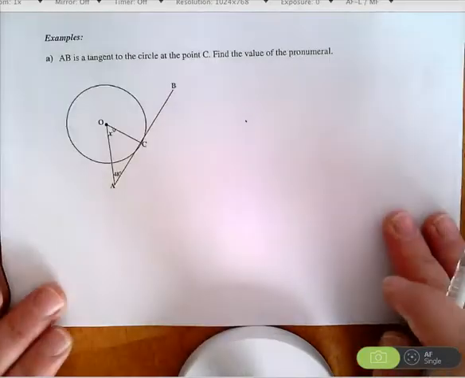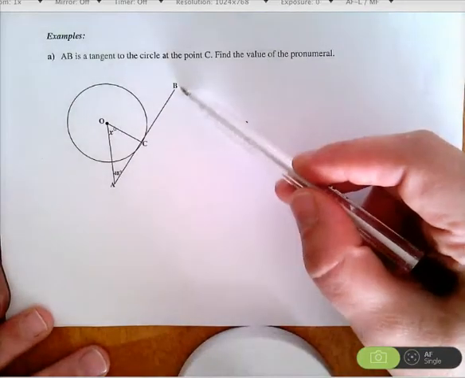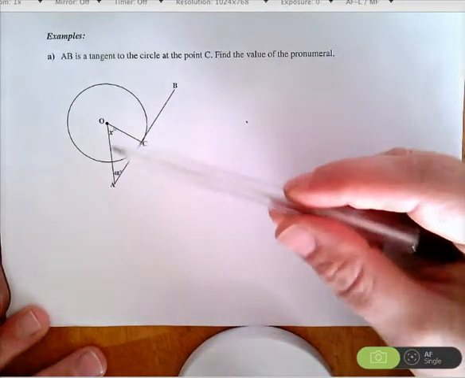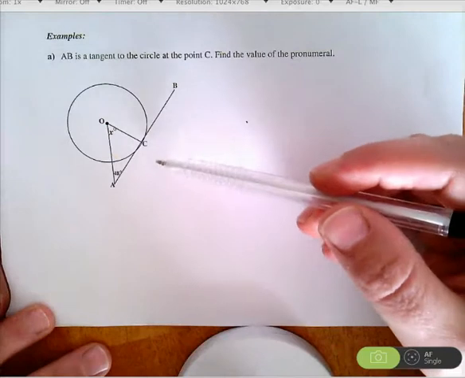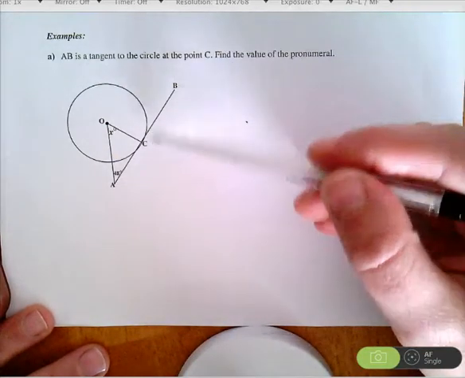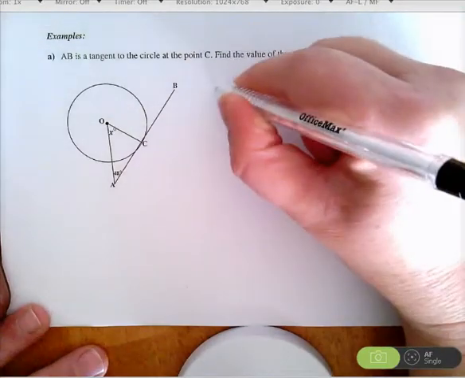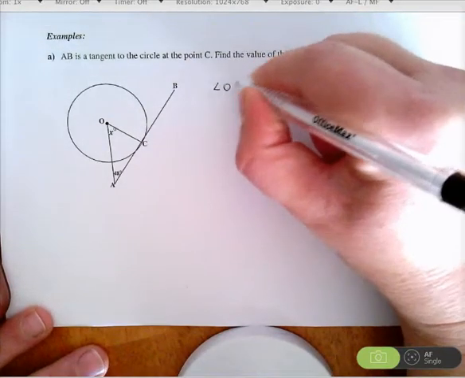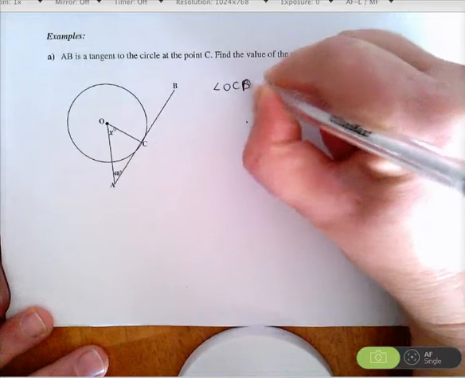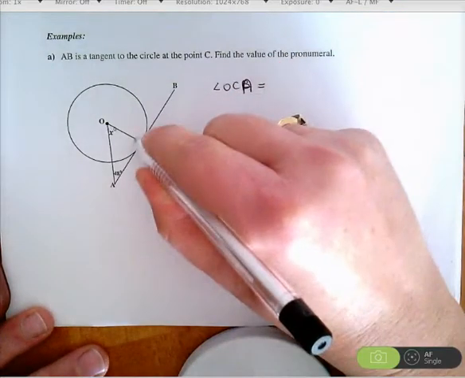Okay, just for some examples for theorem 14, we know that AB is a tangent to the circle at point C. Now this is from your booklet, page 22. So it's example A. So AB is a tangent to the circle at point C. Find the value of this pronumeral x. This one's fairly easy. We can say that angle OCA, well, it actually is OCB as well, but we need OCA in here.